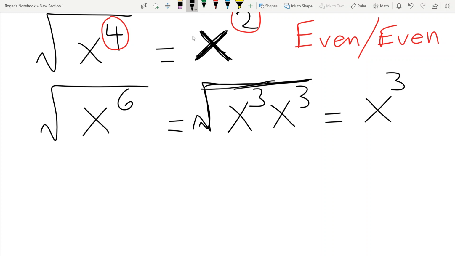But notice, I want you to watch something here. This is even, and this is odd. So what do you know? You got to throw your absolute value sign around there. Make sure that you do not include the negative of that, otherwise you're going to be in trouble. So you got to have your absolute value sign.